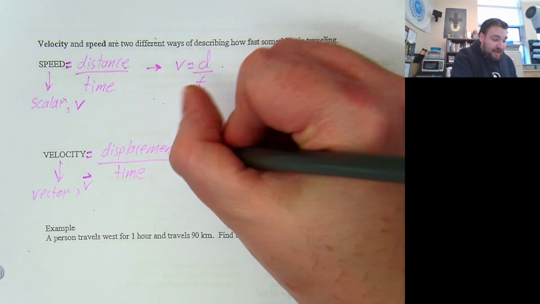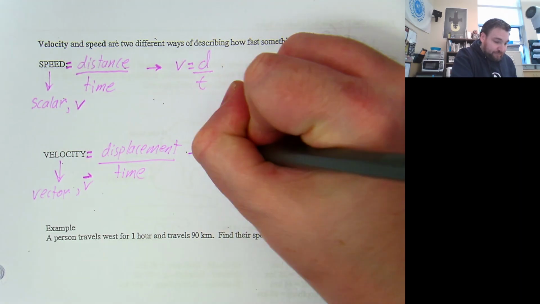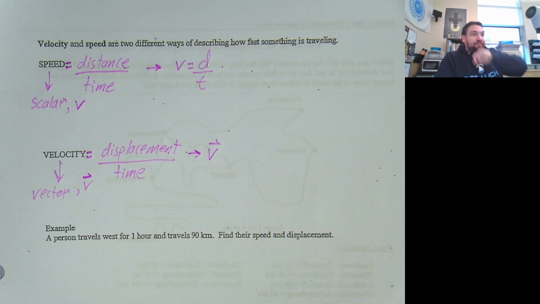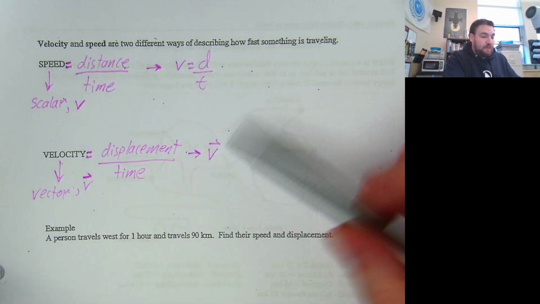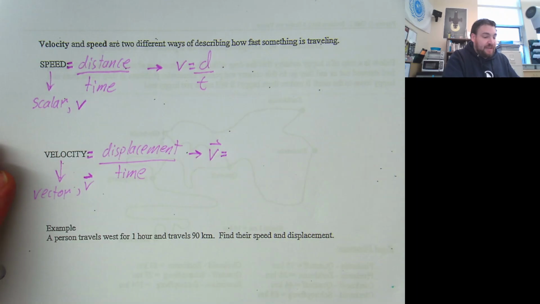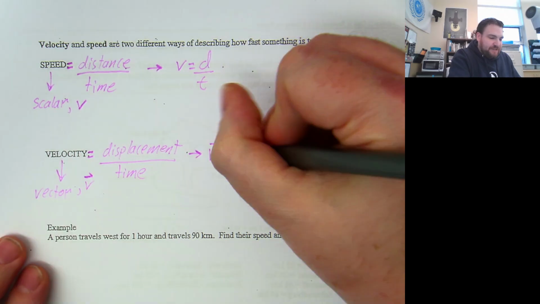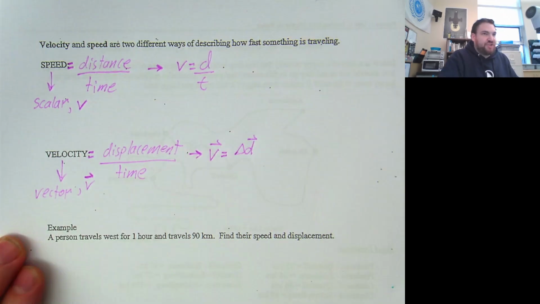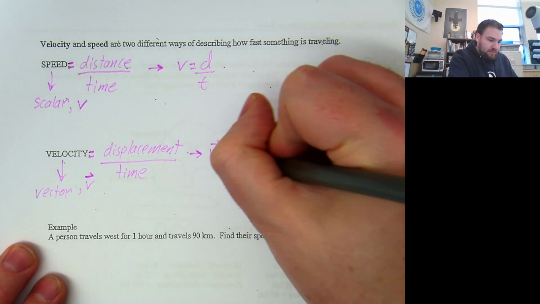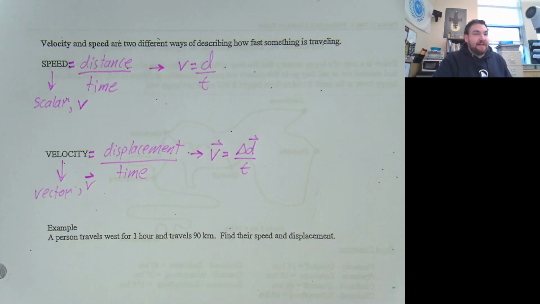So then your velocity, v with your arrow, the vector, is equal to your displacement, and as Yuli said, displacement is just your change in position, divided by the time. The formulas look very similar, but those arrows there change the meaning pretty wildly.